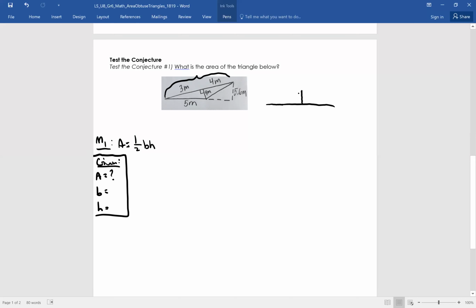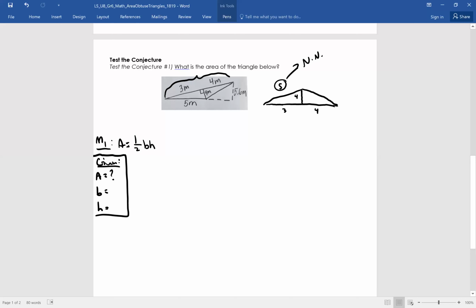It's about right there, right there. So now that I flipped it over, I noticed that the height is 4. This measurement is 3, and this measurement is 4. Now they gave us a 5, but the 5 is not needed because that's not a height and it's not a base.